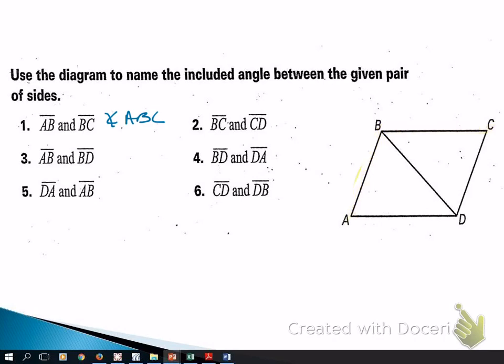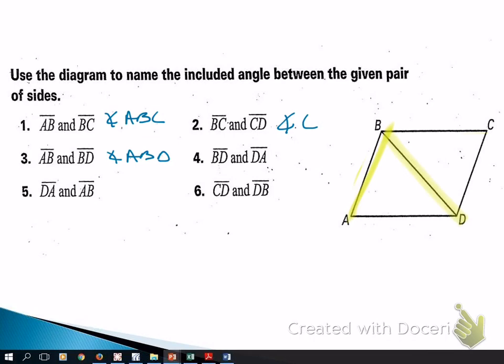The included angle for BC and CD is just angle C, or angle BCD if you want, either one. The included angle for AB and BD, here, the angle created by those two segments is angle ABD.